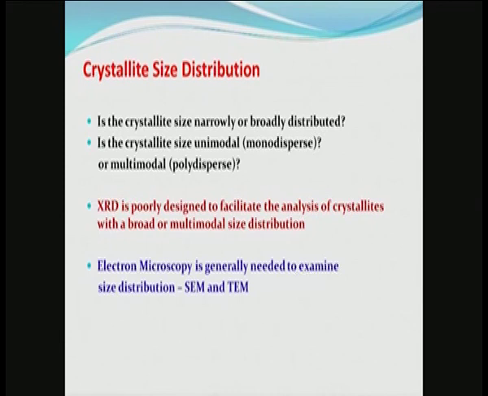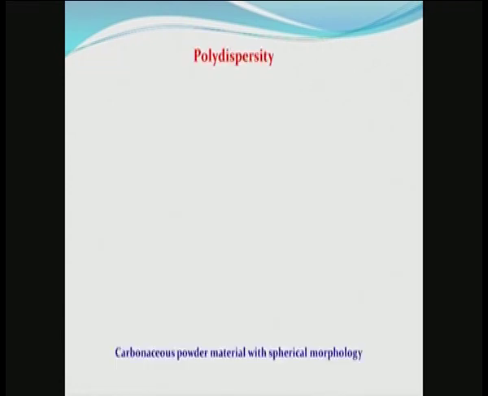Now, it turns out that while it is possible to use the profile shape of XRD peaks to get some information on size distribution of particles in a sample, XRD is poorly designed to facilitate the analysis of crystallites with a broad or a multimodal size distribution. Electron microscopy is generally needed to examine size distribution, namely SEM, scanning electron microscopy, and transmission electron microscopy.